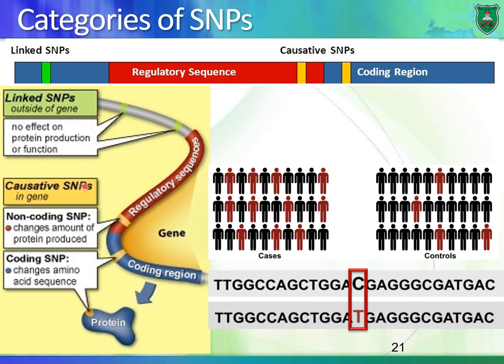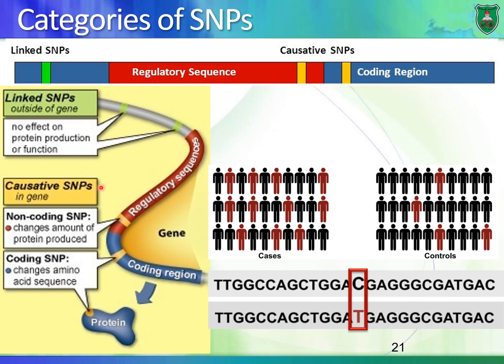So this is a variation. Now, this variation can be relevant because of their need of different doses of medications. So that's what we mean by it causes a phenotype. That's a causative SNP. Now, it's not a major thing. It's not a mutation that causes a disease. Rather, it causes a certain phenotype.